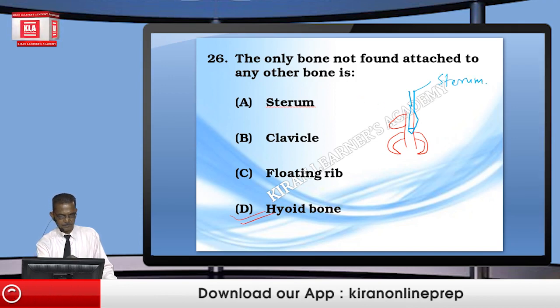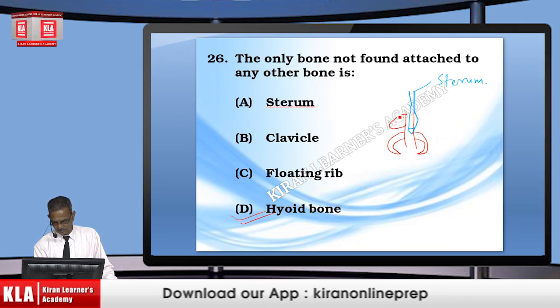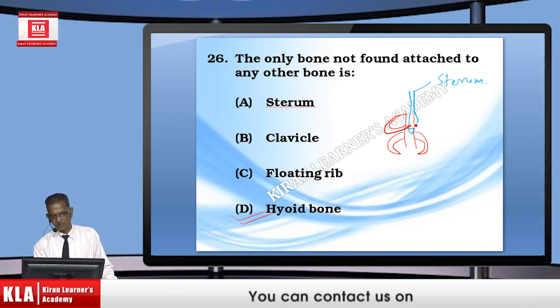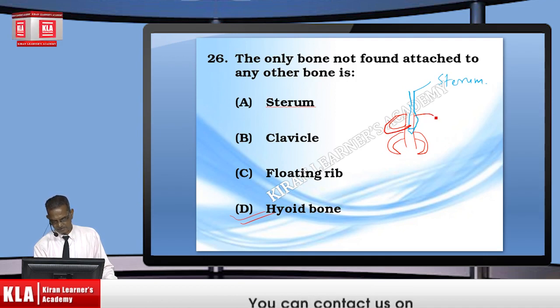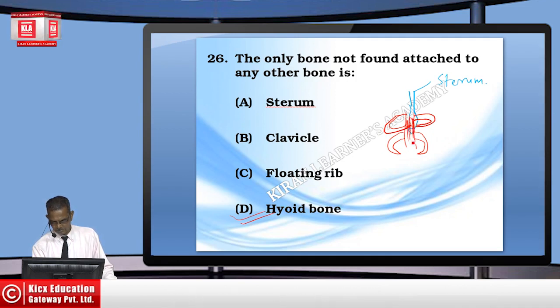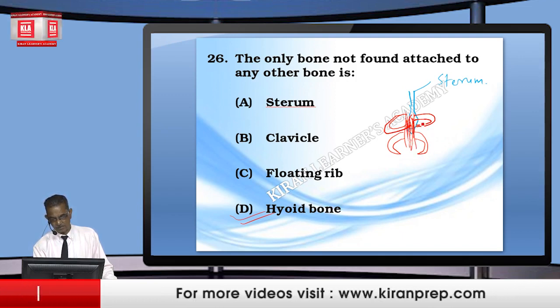These are the bones coming from the vertebral column and attaching to the sternum, while this is the vertebral column. So these are not attached to the sternum.